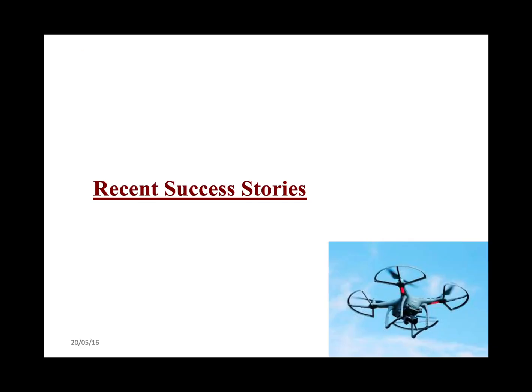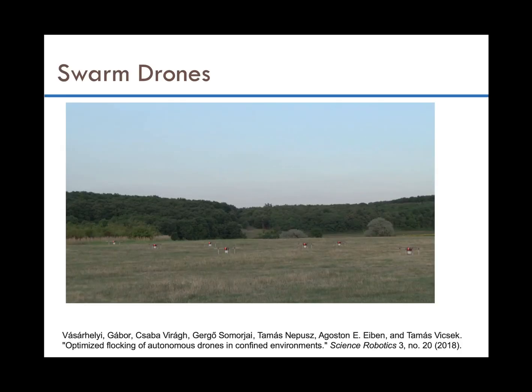Let me share some success stories of nature inspired algorithms also. This is a very small video of drone swarms, taken from the research paper "Optimized flocking of autonomous drones in confined environments", which was published in 2018 in Science Robotics.